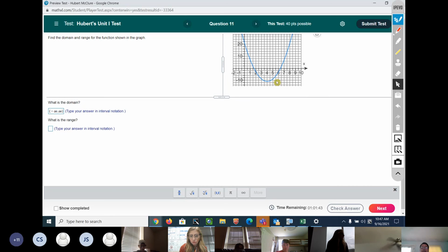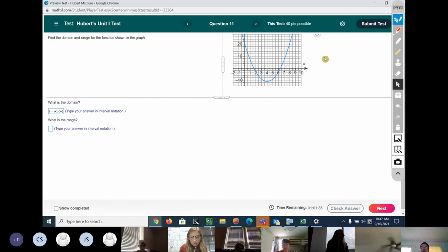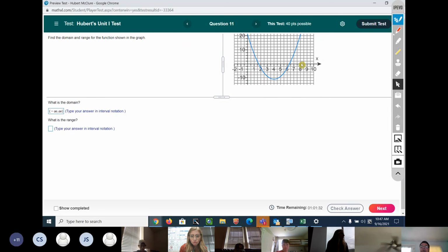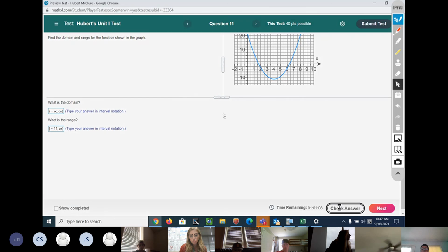Why do they give you such a crappy vertex? Looks like negative 11 to infinity. Negative 11 to infinity. I'm doing this one because it's quick. Well, I'm sorry, bracket. There you go. That's a quick one. Next.